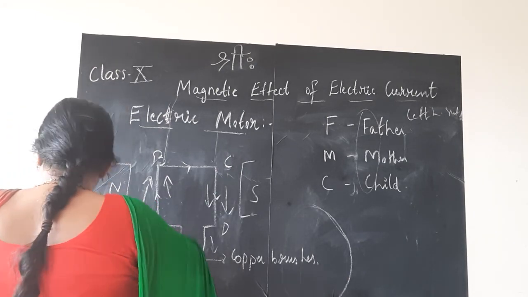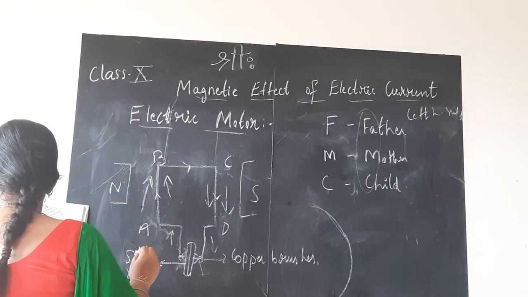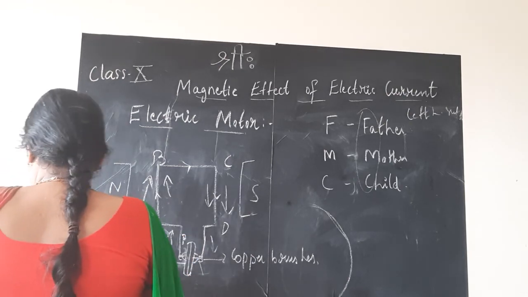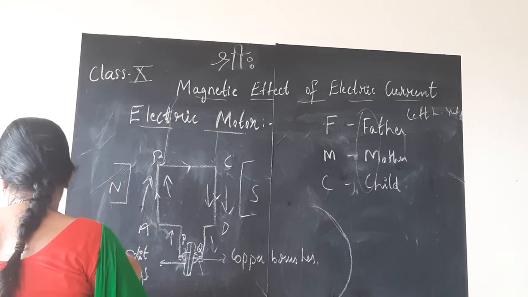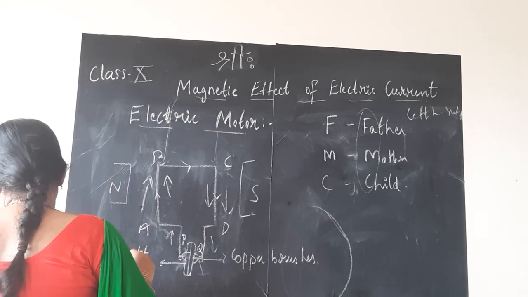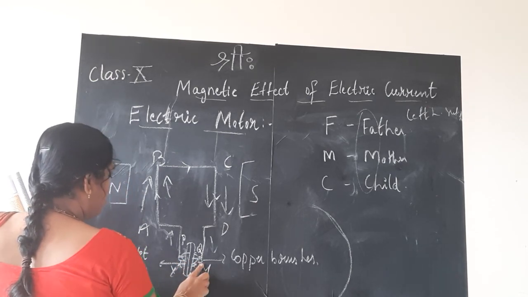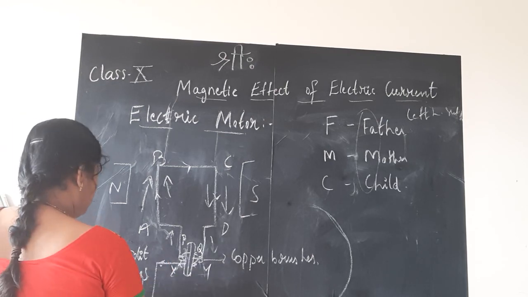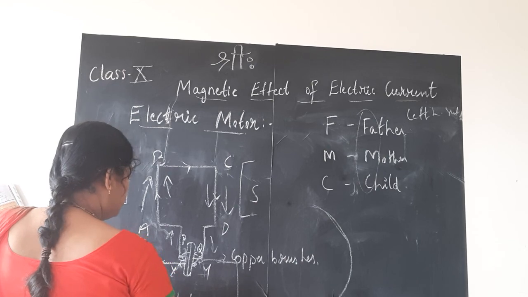They have labeled the split rings as P and Q, and copper brushes as X and Y. Now it is being connected to the battery. Of course we need a switch.